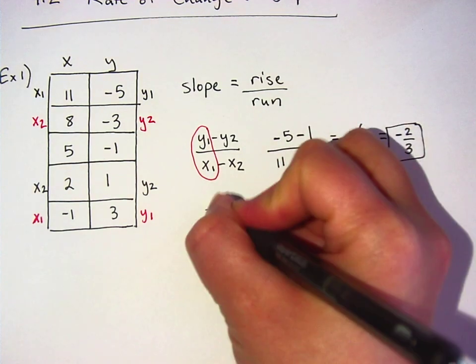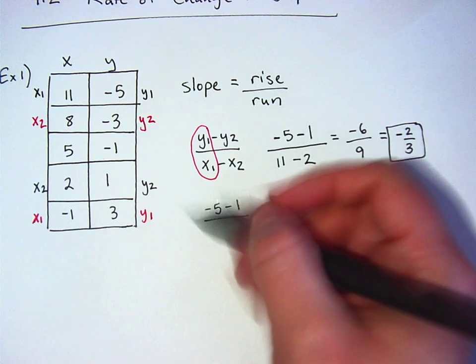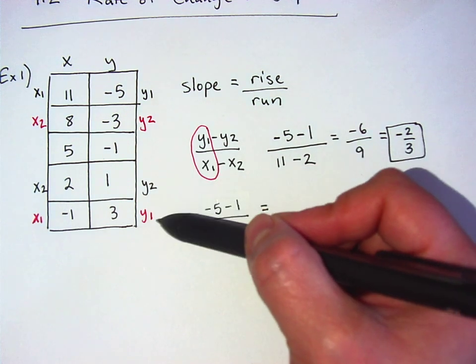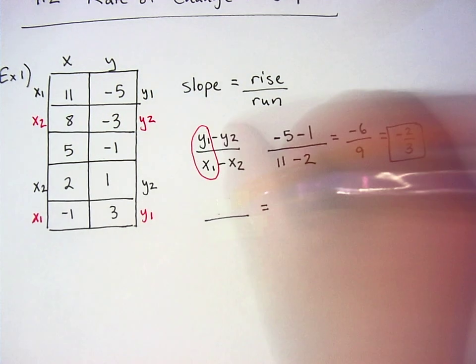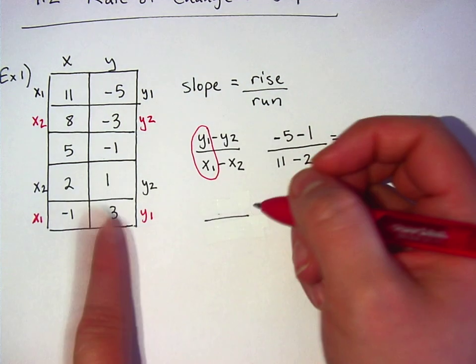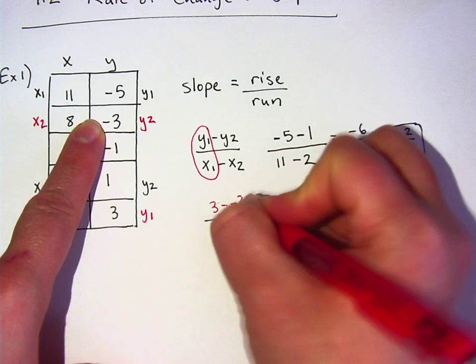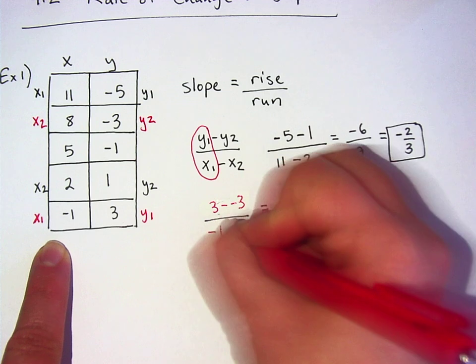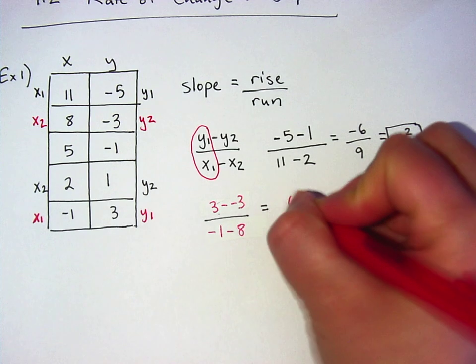All right, so back to this. That would be -1 minus 8 on top, and on the bottom is 3 minus a -3, which is 6.